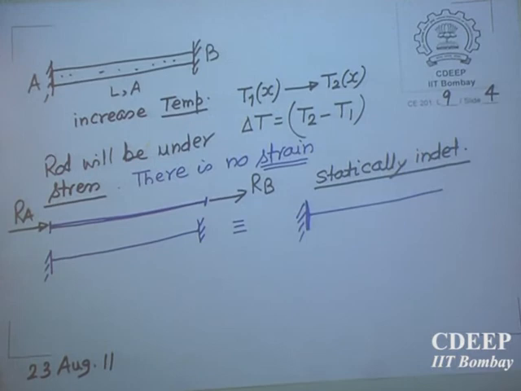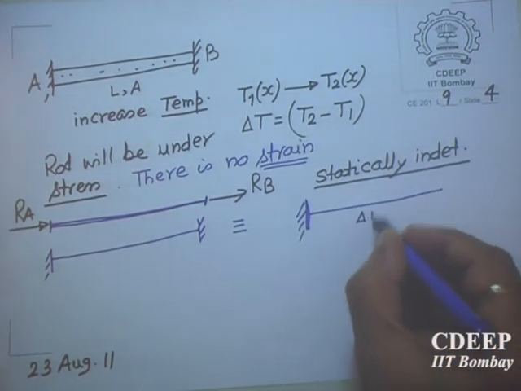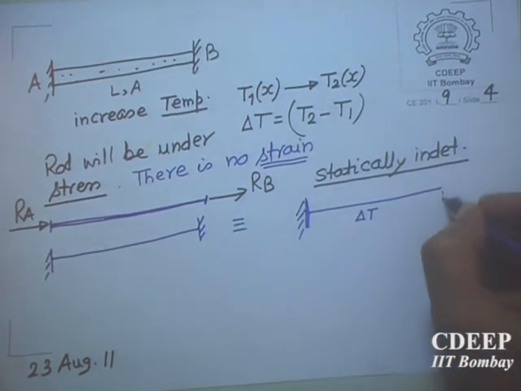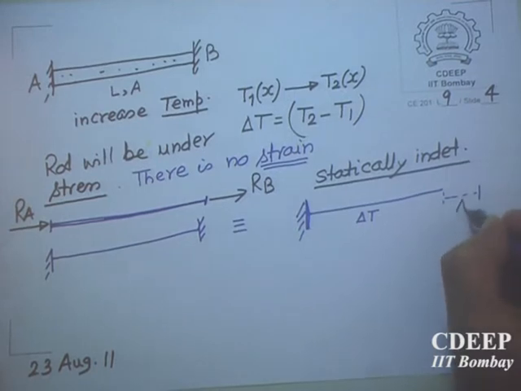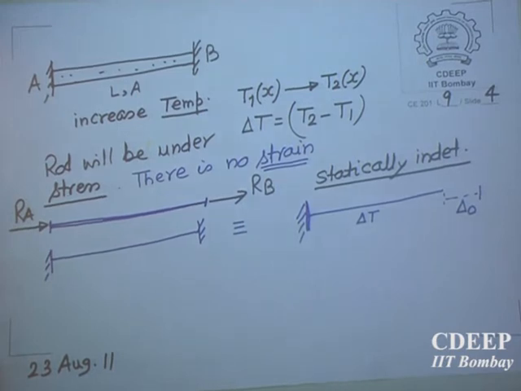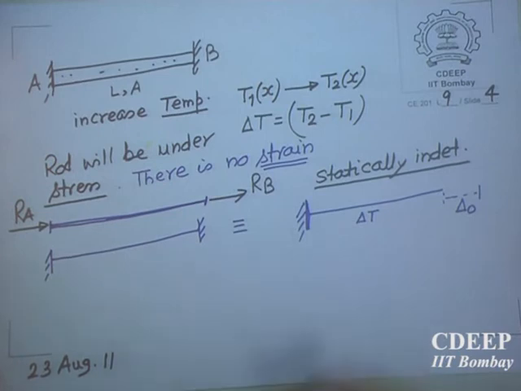And now what is the load acting on this? Load is the external change in temperature. So here the rod undergoes delta T, and it will undergo this elongation. We call it delta naught. That you can find out.